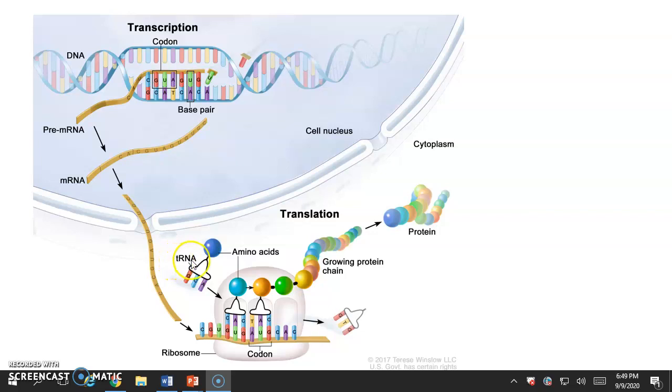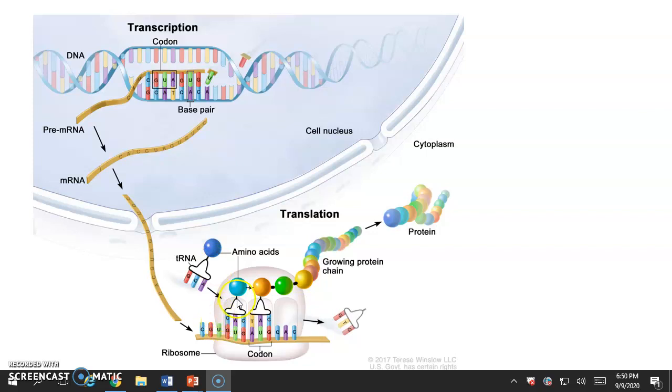And what transfer RNA has associated with it is some base pairs in a certain order. So this one's GCA. And because it has that particular base pair sequence, it is carrying a particular amino acid.